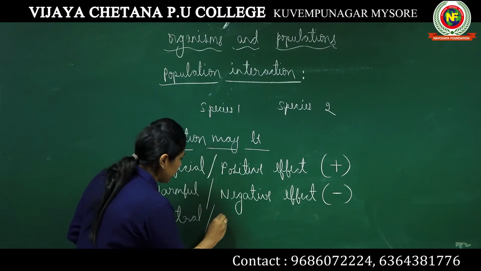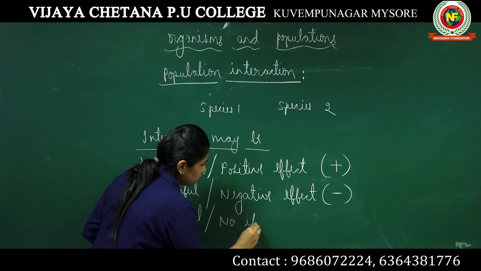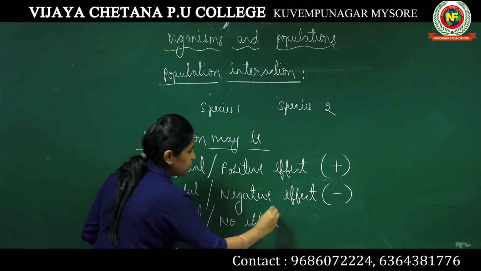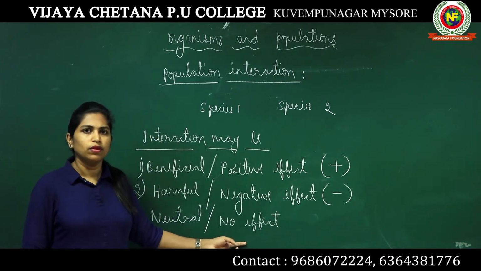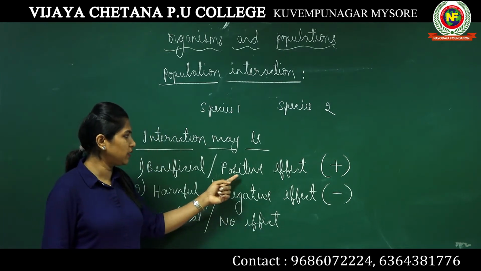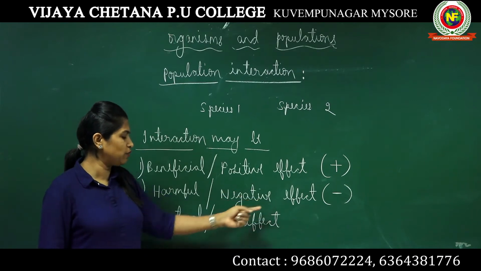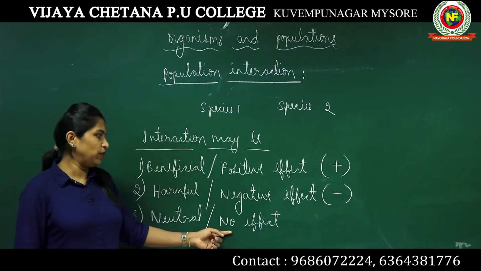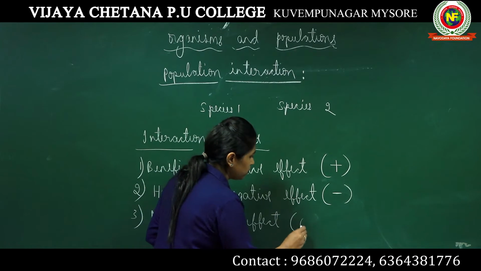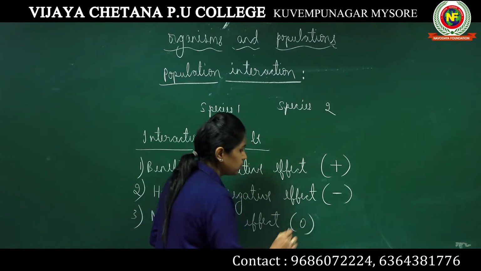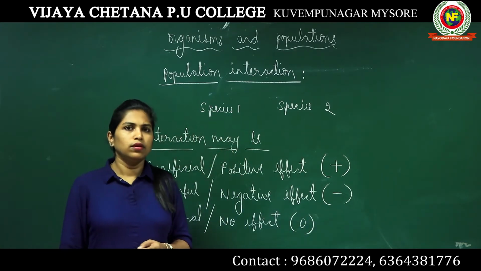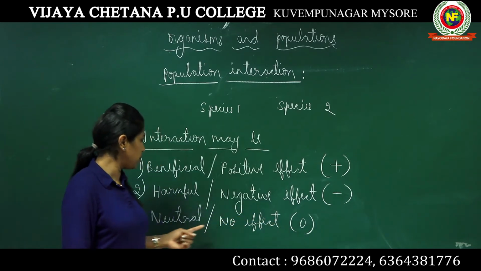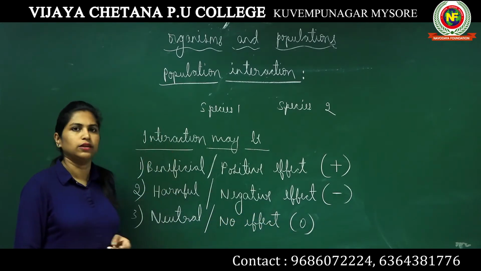So this is represented as no effect. Here there is no effect, here it is positive effect, here it is negative effect, here it is no effect. So you can use the symbol 0 to represent the neutral interaction.